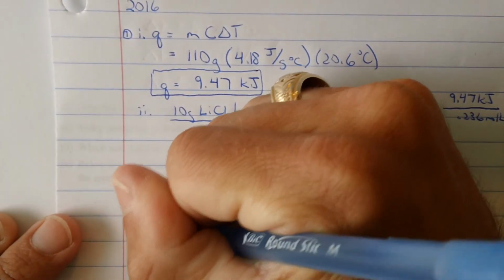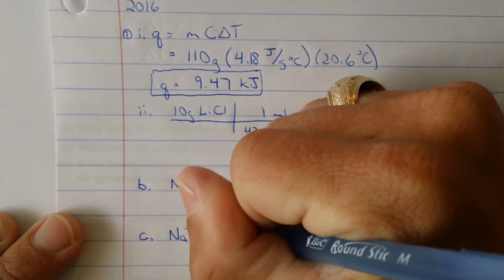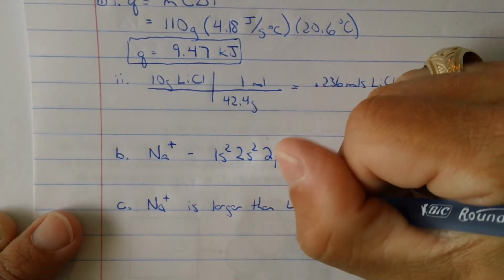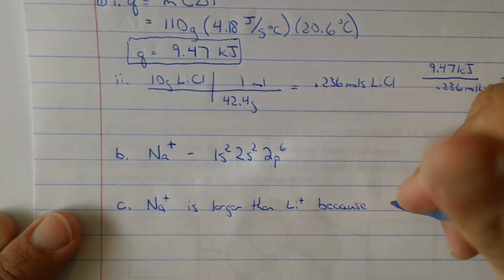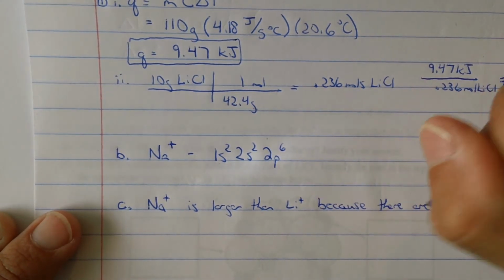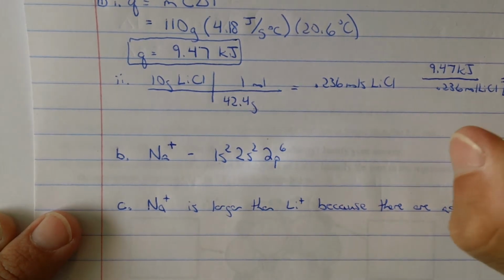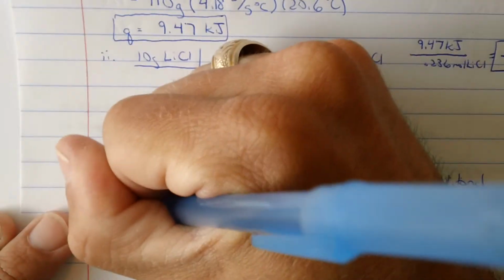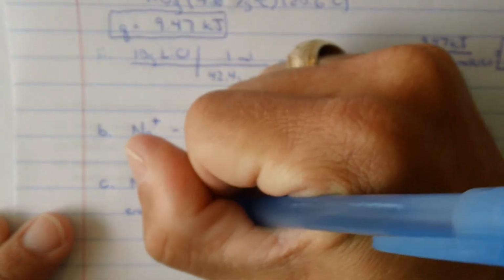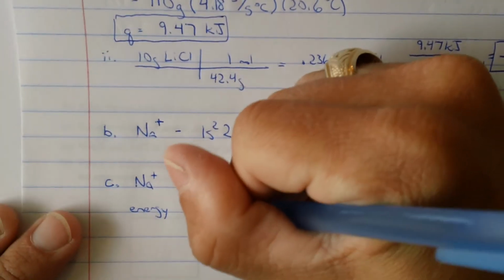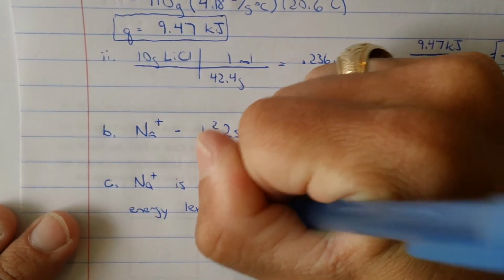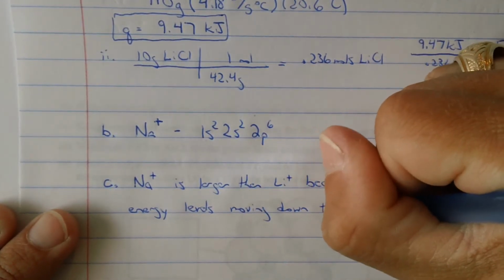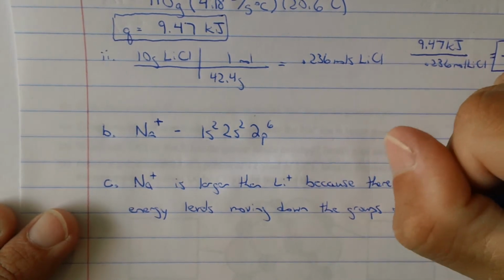So the sodium ion is larger than lithium because there are additional energy levels moving down the groups on the periodic table.